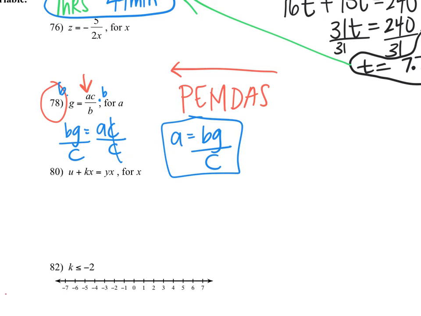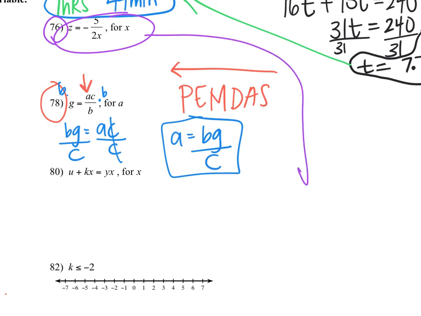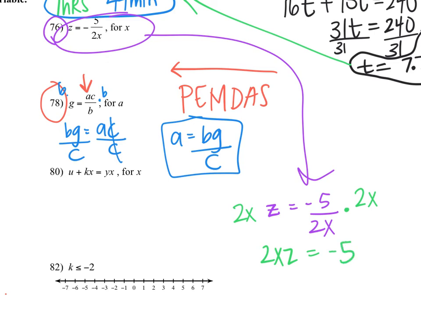Okay, so I'm actually going to do number 76 down over here. So Z equals -5 over 2x. Again, we're isolating for x. And it is on the denominator, so I'm going to multiply both sides by 2x. So I get 2xz equals -5. This cancels and that cancels.